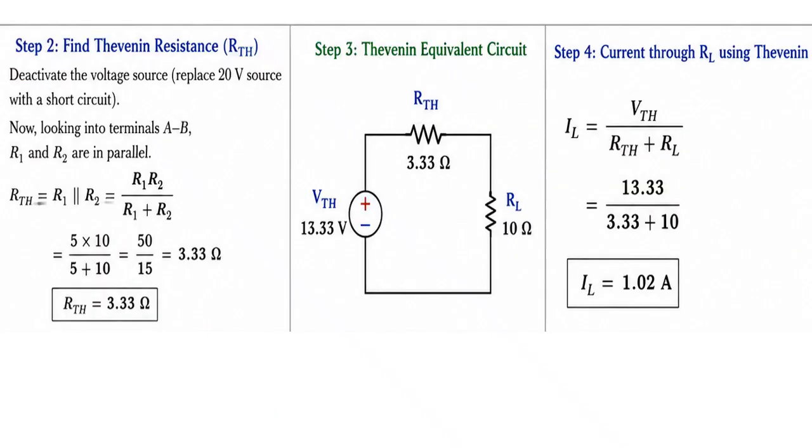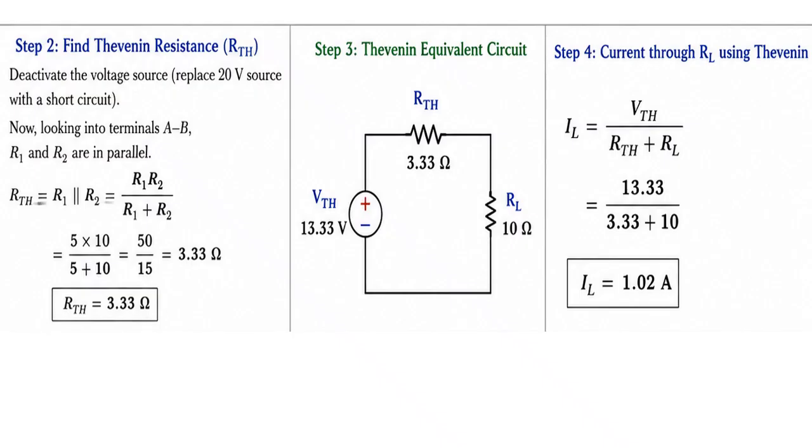Similarly, the next step is we have to find the Thevenin's resistance RTH. For that, we have to deactivate the voltage source, that is, we have to replace the 20 volts voltage source with a short circuit. Now looking at the terminals AB, R1 and R2 will be in parallel.